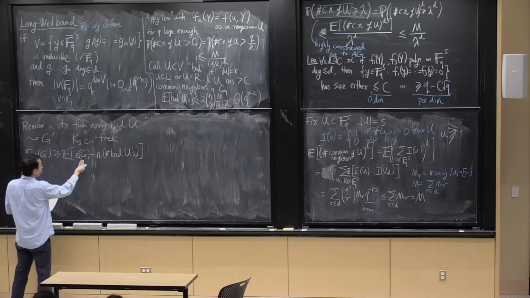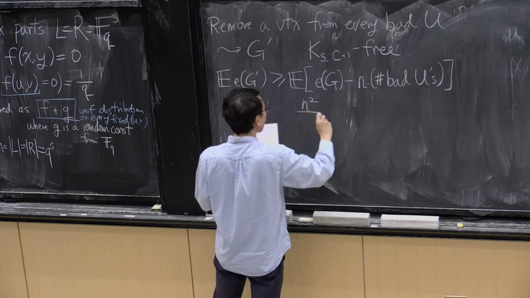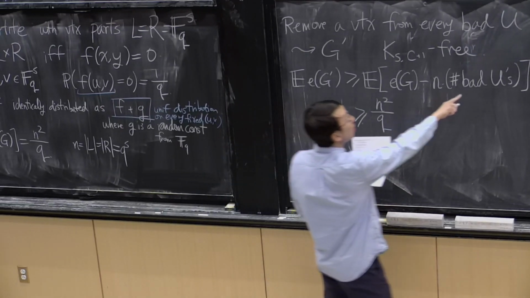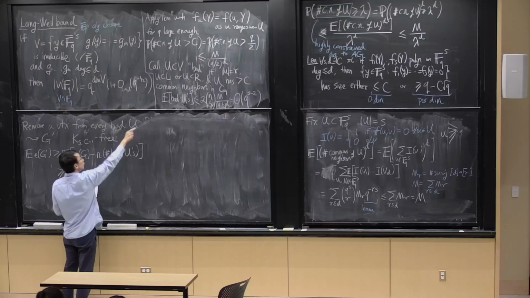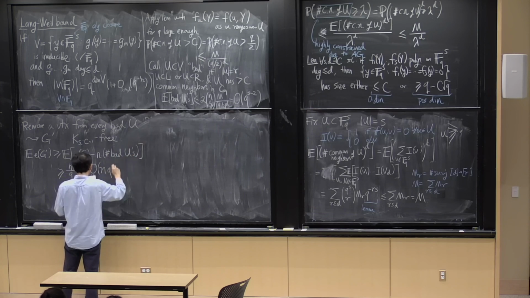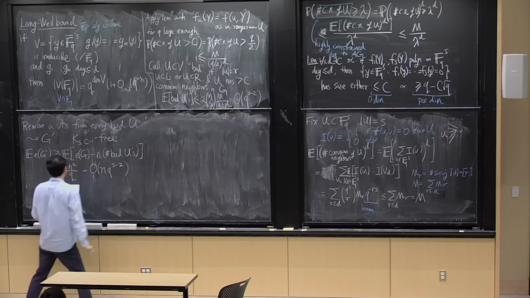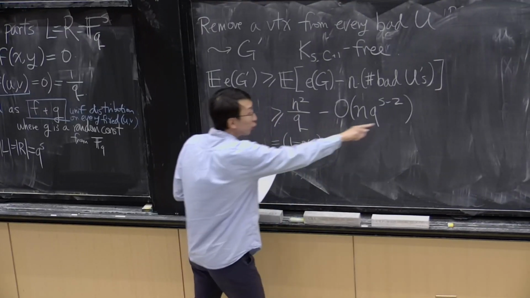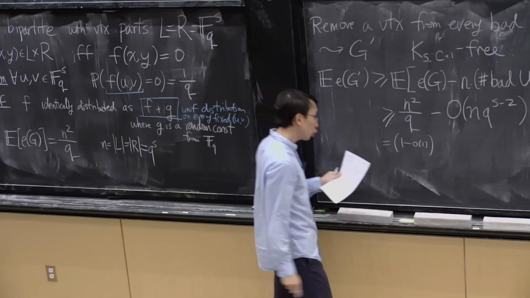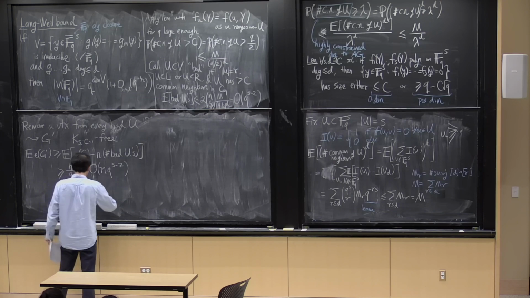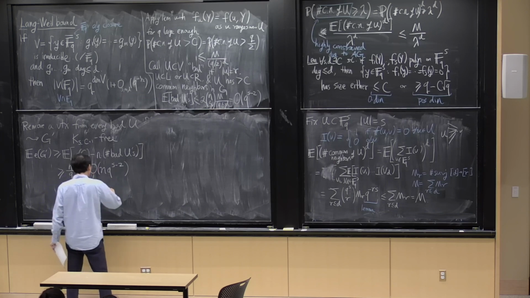And the number of edges of G has expectation exactly n squared over Q. And the number of bad U's we saw up there is not very large. So in particular, the second term is dominated by the first term, and so we obtain the claimed number of edges.